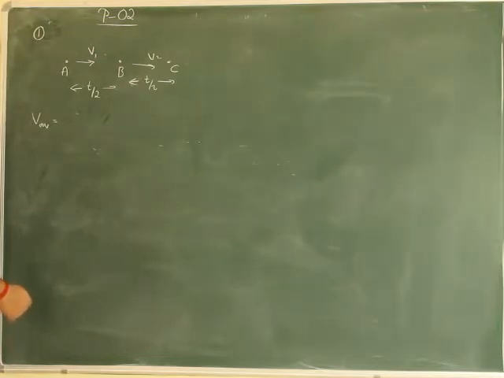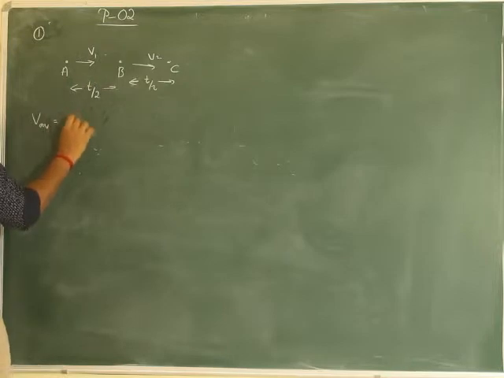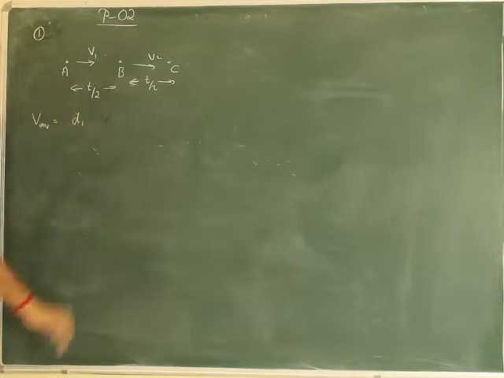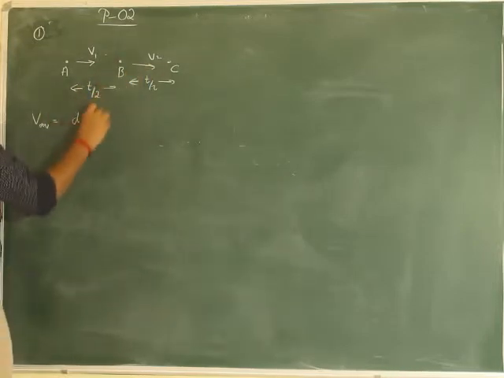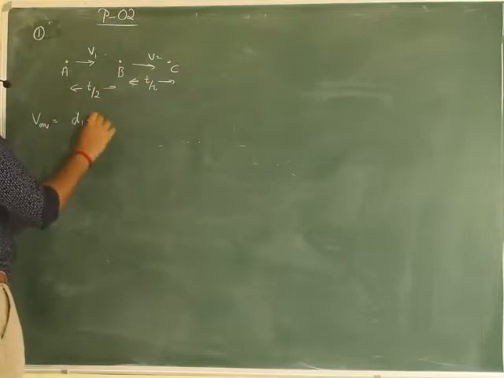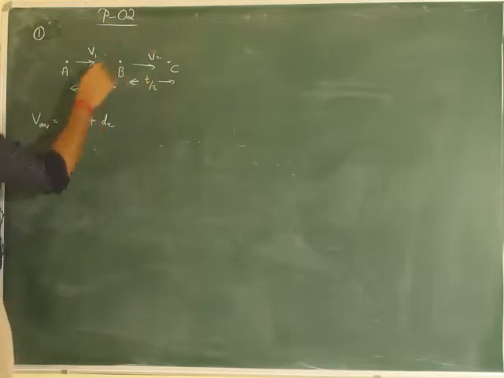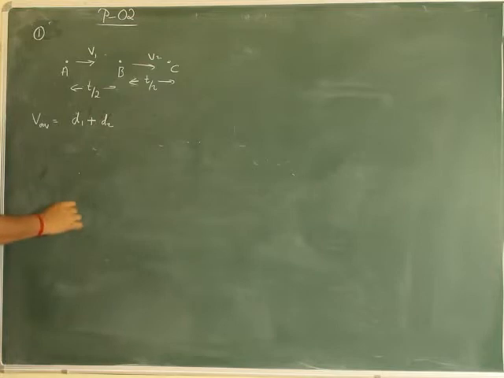Is the distance traveled the same in both intervals? No. So I will take A to B as D1. Next, B to C: is it the same D1? No, some other distance, because the velocity has changed for the same time interval. What about the total time taken?